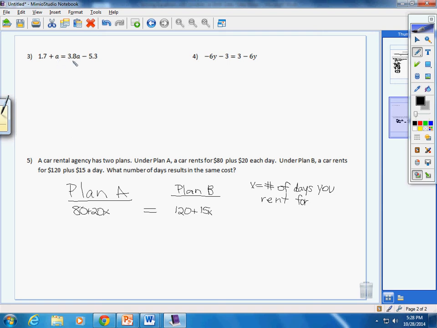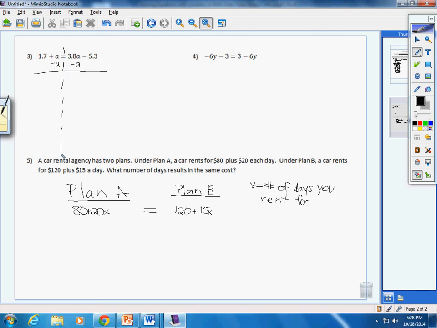So once again, we have variables on both sides of the equation. Before we can get a completely by itself, we have to have all of our a's on the same side. You can do it either way, but I'm going to take my smaller amount of a's and move them to the other side. So if I subtract 1a from both sides, remember my sides are determined by where my equal sign is.